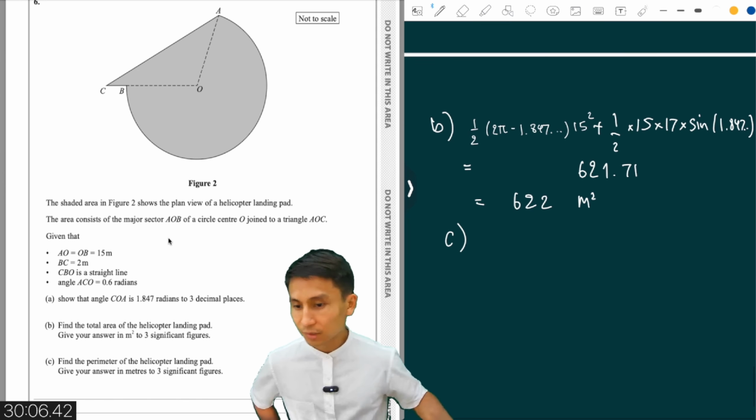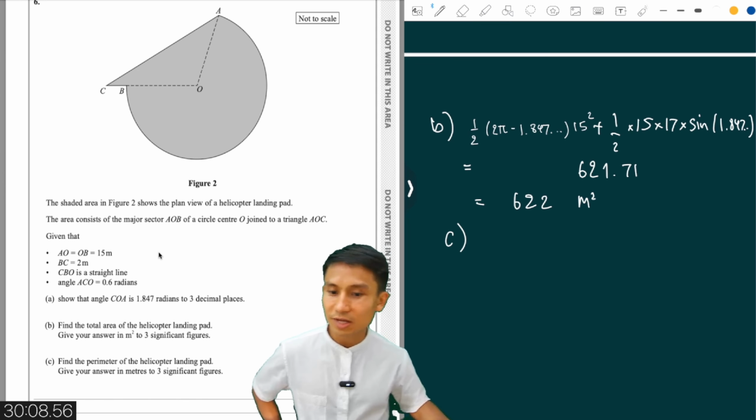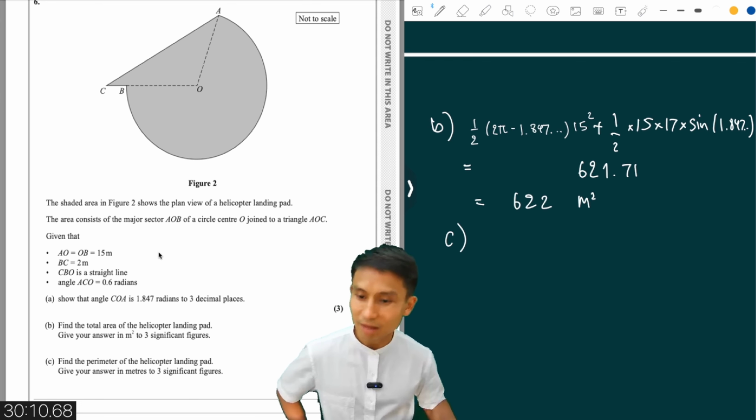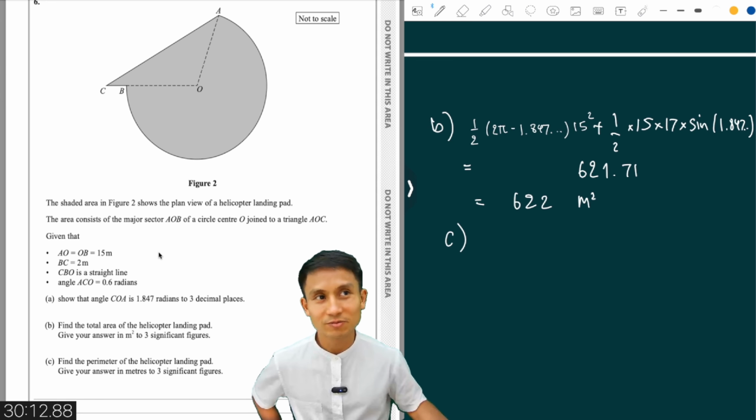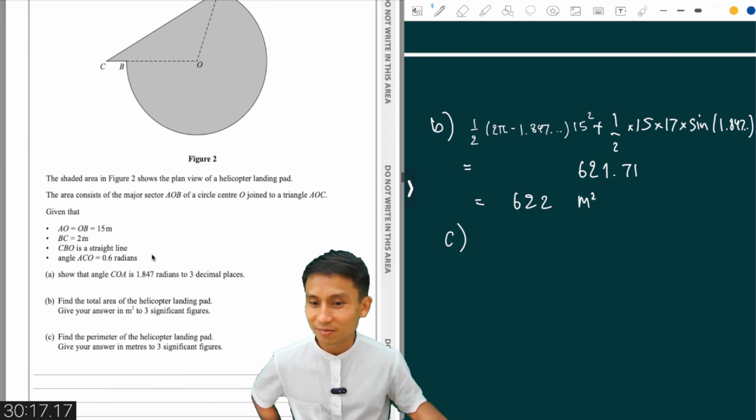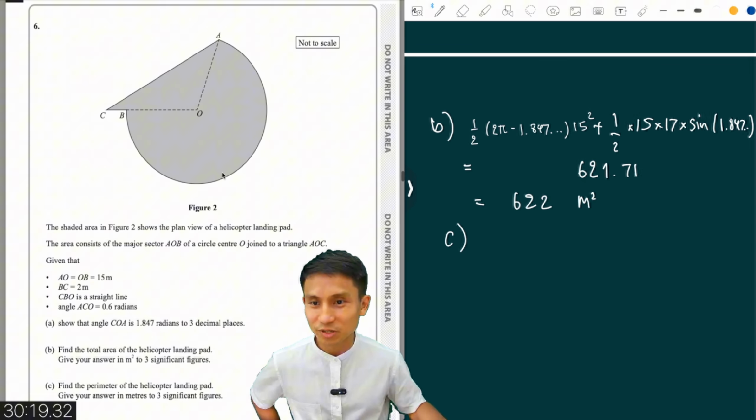Okay, part C. Find the perimeter of the helicopter landing pad. We need to find the perimeter. So we've got a major sector arc, and then this line, and then this line. This little BC is 2 meters. And then for AC we have to do another sine rule.